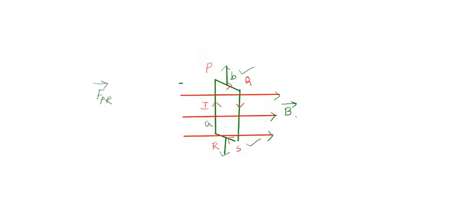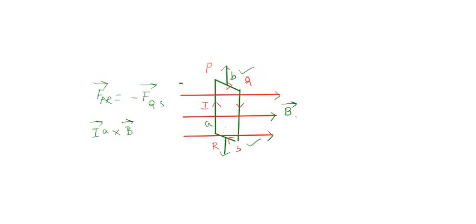So here you can see that if we want to find out FPR, it will also be equal and opposite to FQS because the direction of the current is opposite in QS. Its magnitude should be what? It should be I, what is the length here, a, cross B. This should be the magnitude.